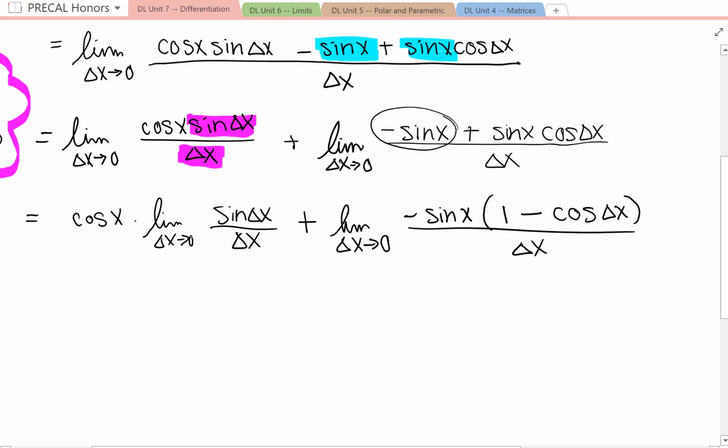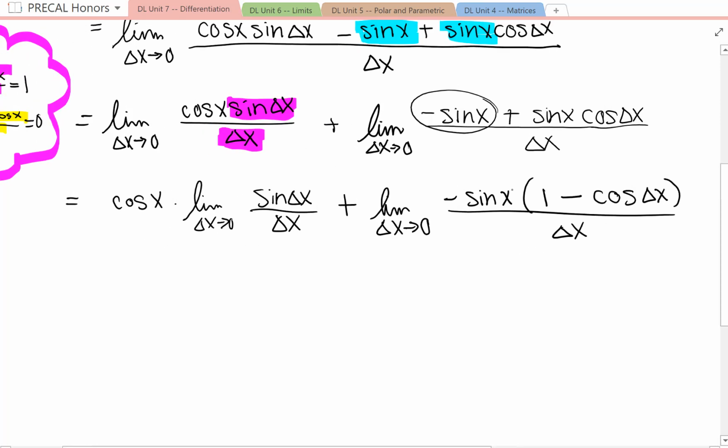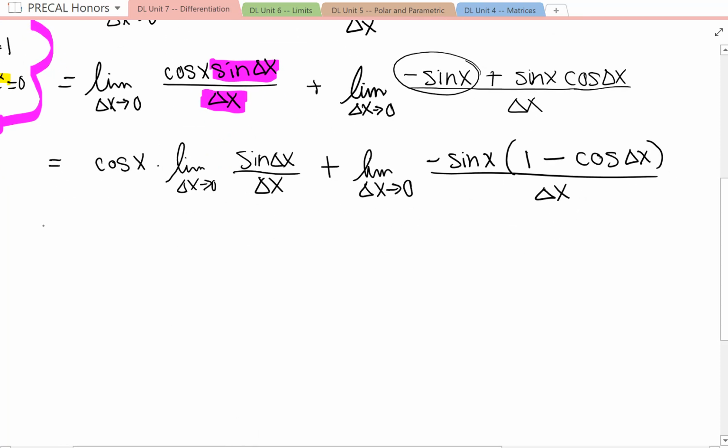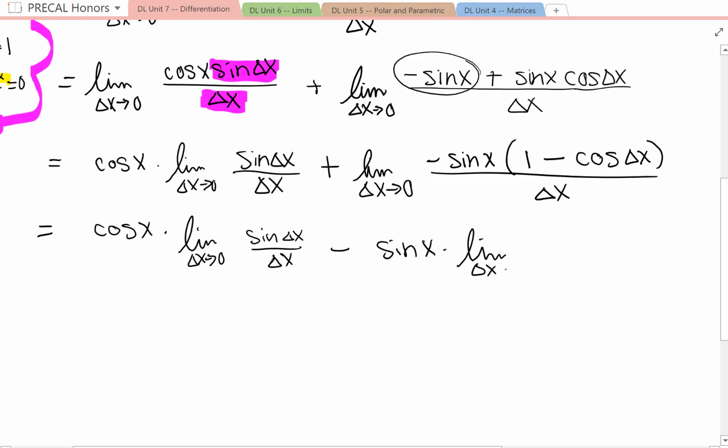I'm going to take negative sine x out of the limit because it does not have delta x in its argument. So now we'll be subtracting sine x times the limit as delta x approaches 0 of 1 minus cosine delta x over delta x.